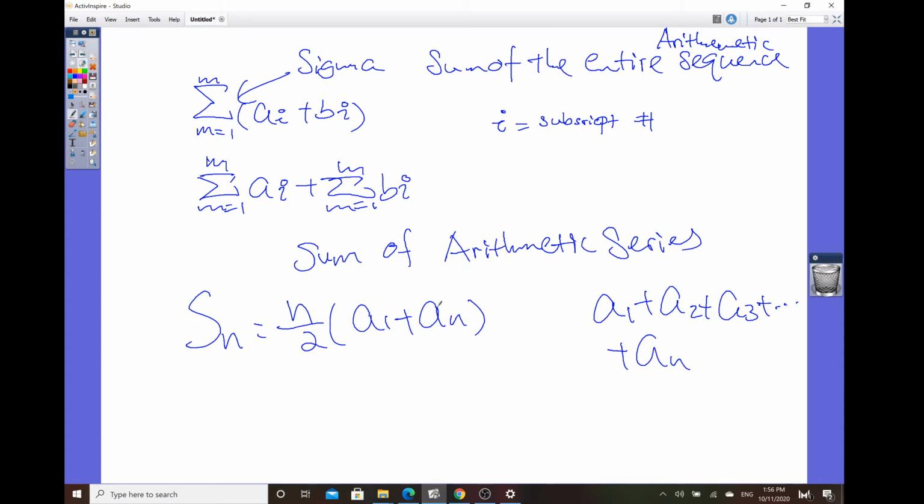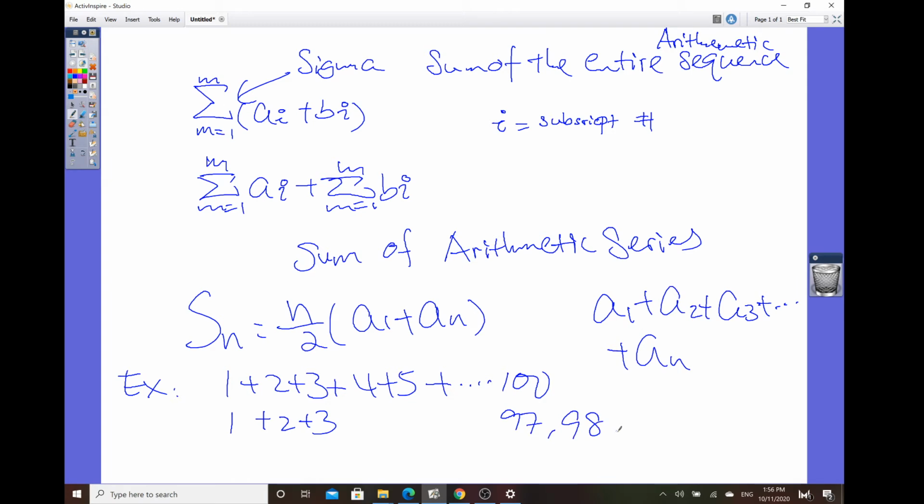So let's just do one general problem first. Let's say we keep adding all the numbers from 1 all the way to 100, all the integers. As you can see the pattern, we have 1, 2, 3, and at the end 97, 98, 99, and then 100.